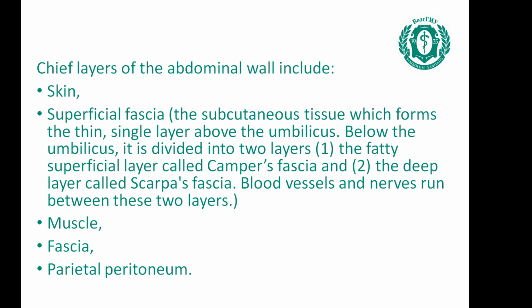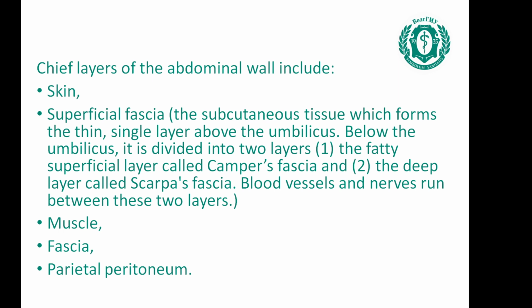Chief layers of the abdominal wall include: the most superficial one is the skin, then deeper the superficial fascia, the subcutaneous tissue, which forms a thin single layer above the umbilicus. Below the umbilicus, it is divided into 2 layers.